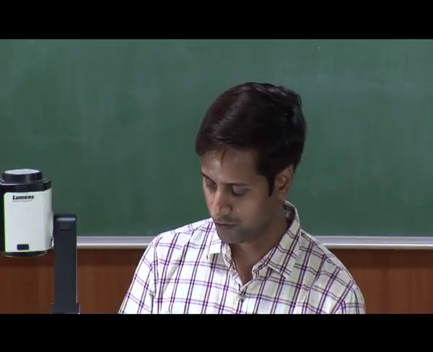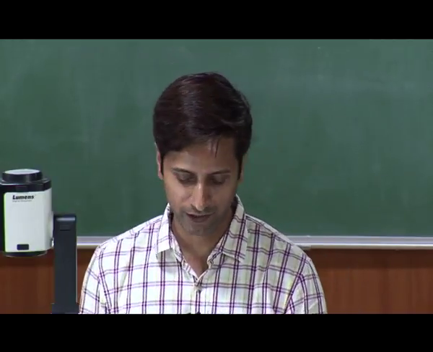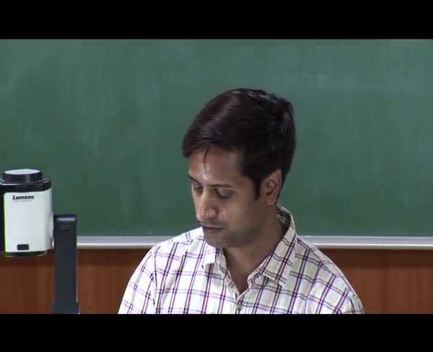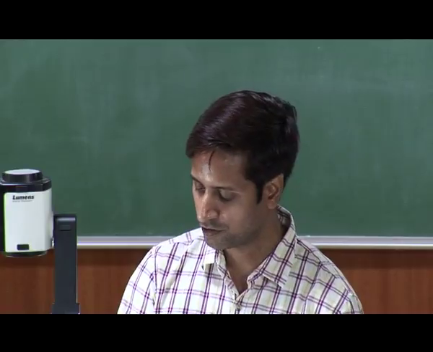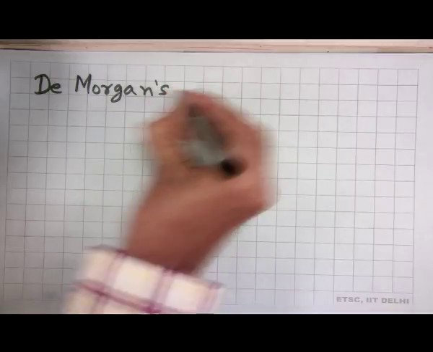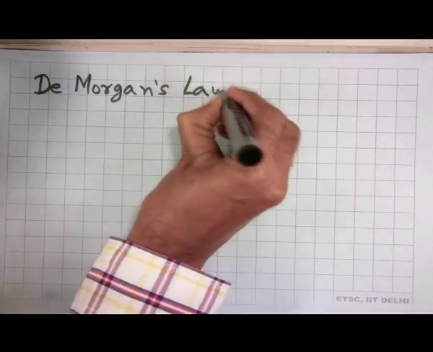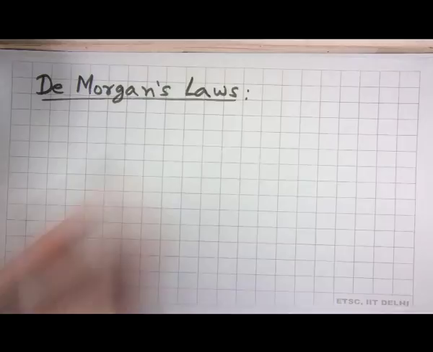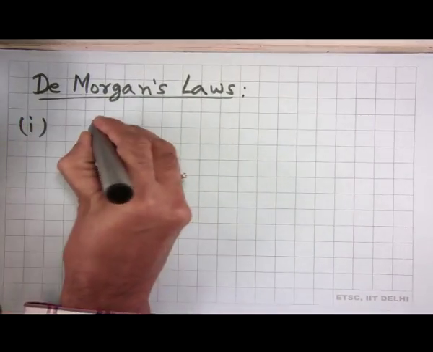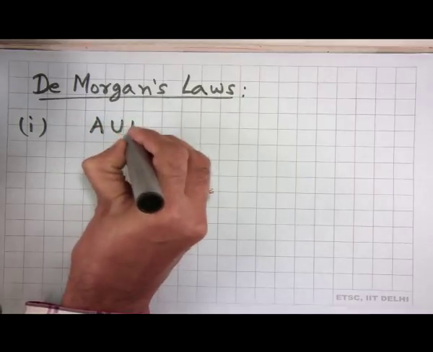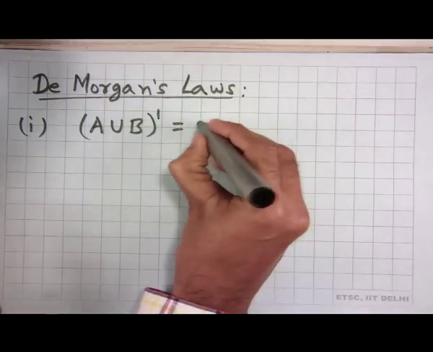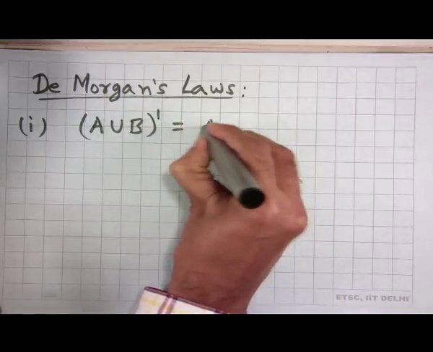Next we will relate unions and intersections with complement. These are two very important properties, and they are called De Morgan's law. The first one is, if I take the complement of the union, that is equal to the intersection of the complements.